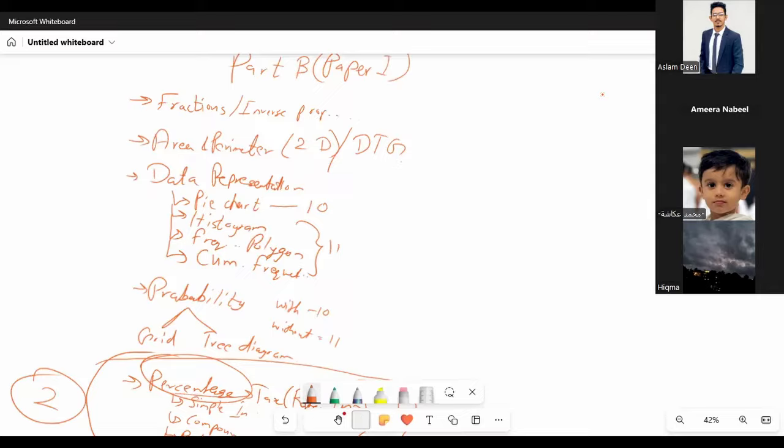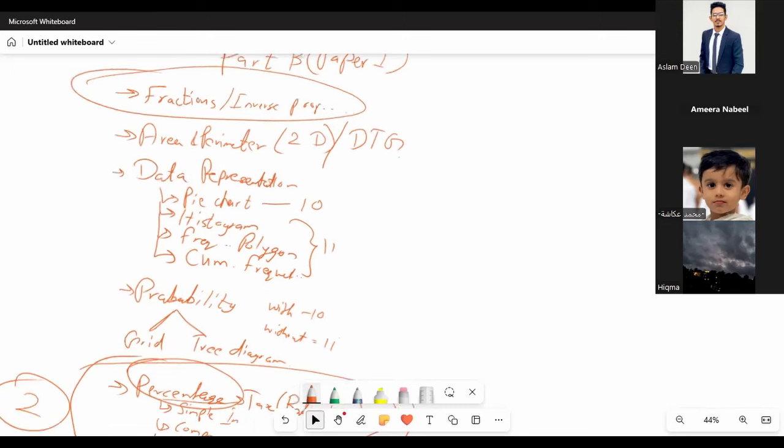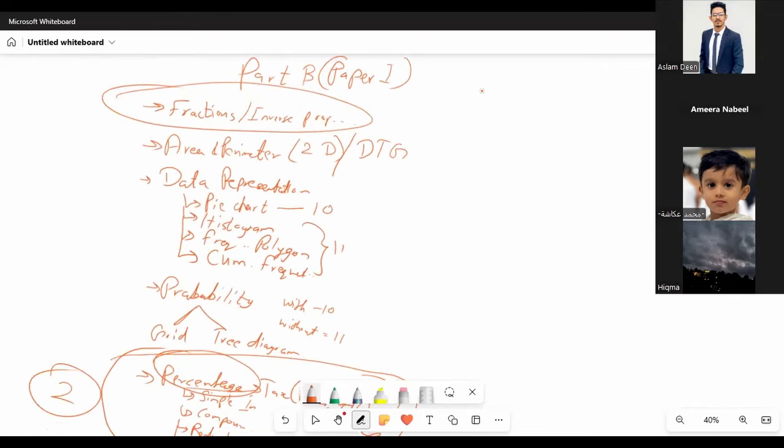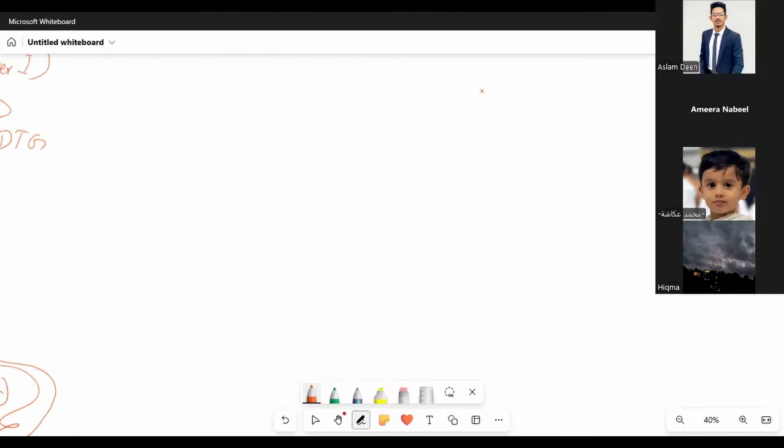So I'm going to start with the fractions chapter today. My plan is like this. I'll be starting from the very basics of fractions today, and we'll try to complete the concepts up to grade 10.